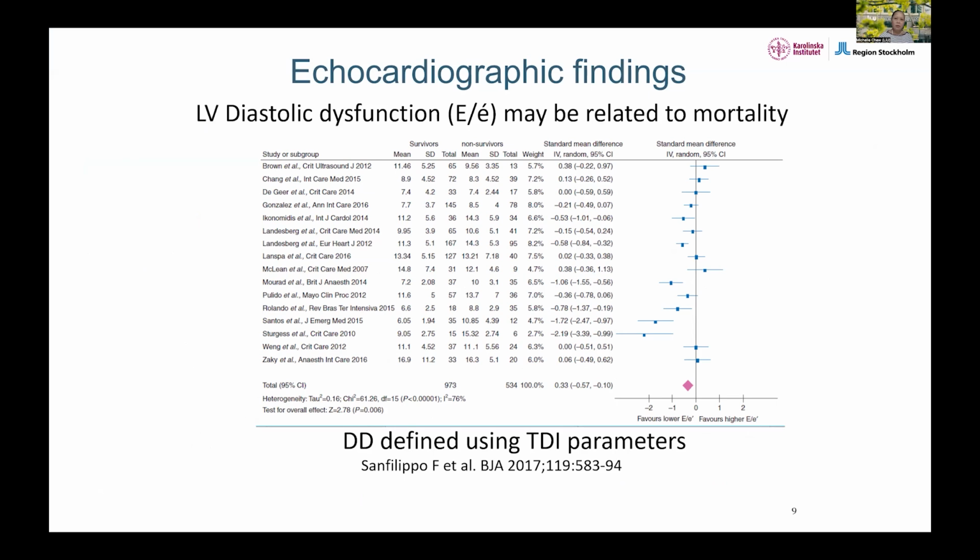There has been a lot of talk for many years telling us that diastolic dysfunction occurs in sepsis and it may be related to mortality. And a huge number of papers have been published here, this meta-analysis favoring an increased mortality, but really not statistically significant.